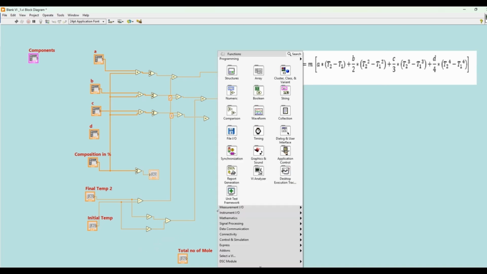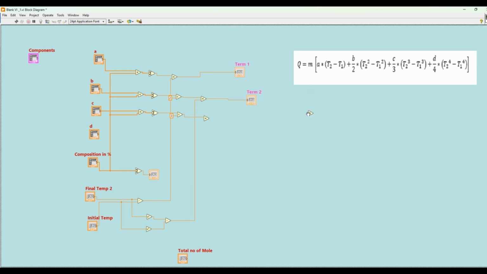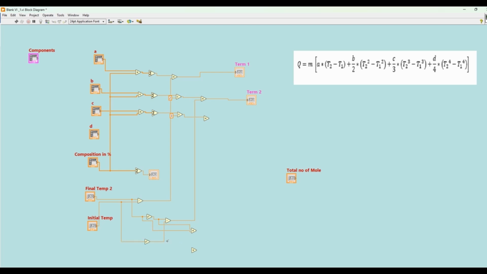So for that again I am taking multiply sign, and here actually this is T2 square, and yes, similarly one more I am taking here, and this is your T1 part. So this is T1.